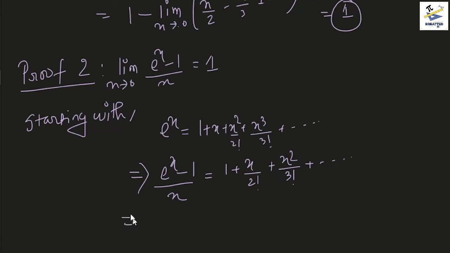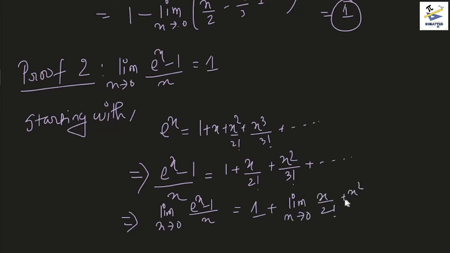Now if you apply limit to both sides, what you get is this: limit x tends to 0 of (e to the power x minus 1) by x equals 1, since it's a constant, plus limit x tends to 0 of (x by 2 factorial plus x square by 3 factorial and so on).